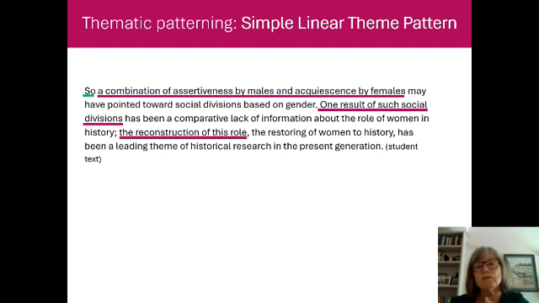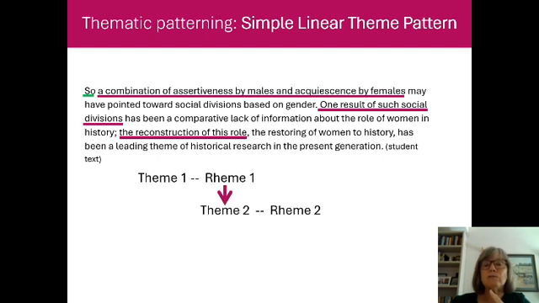The reconstruction of this role has been a leading theme of historical research. So what we can see happening here, we have a rheme, right, that introduces the next theme. And then we have a rheme in that second clause, which introduces the next theme. So, we can see this packaging up of information across the text.